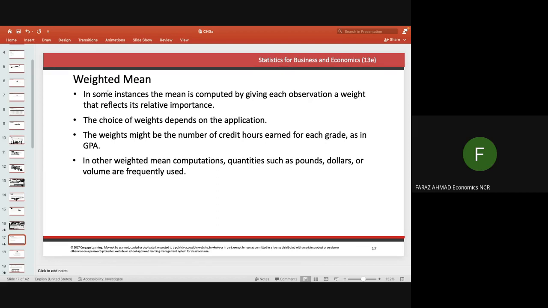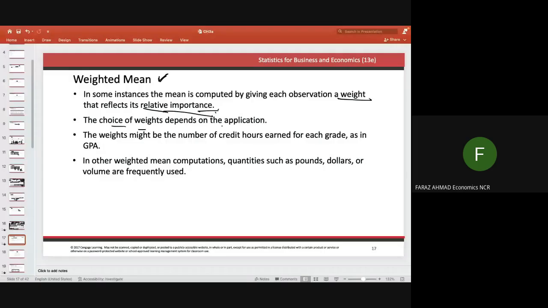So let's talk about weighted mean now. In some instances, the mean is computed by giving each observation a weight that reflects its relative importance, right? So the choice of weights depends.